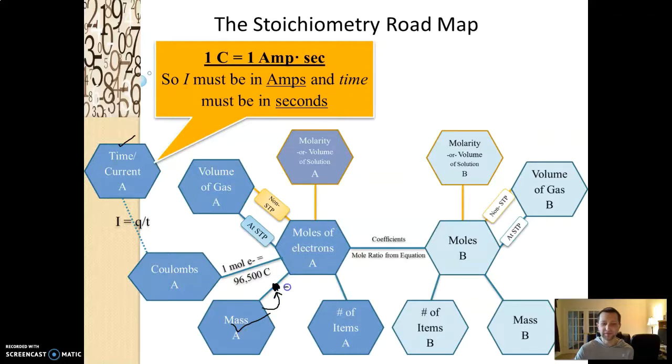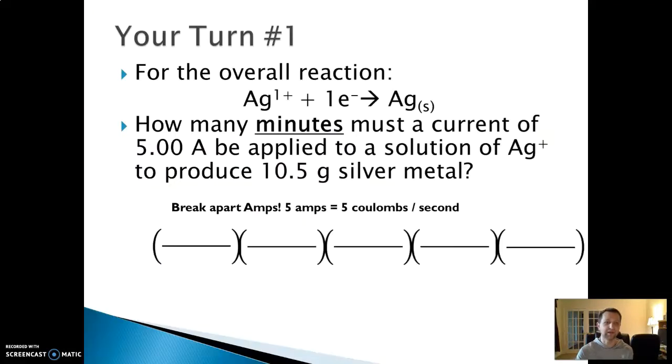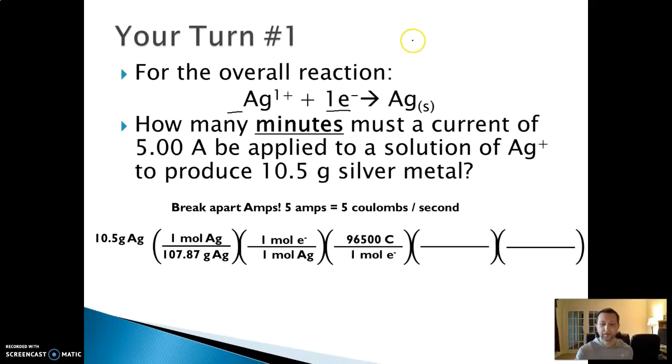And then moles of silver into moles of electrons. So I was trying not to make this too cluttered, obviously, to really confuse everybody. So 1 mole of silver is with 1 mole of electrons. You get that from your balanced equation. 1 mole of electrons, 1 mole of silver. Faraday's constant, 1 mole of electrons on the bottom is 96,500 coulombs of charge.